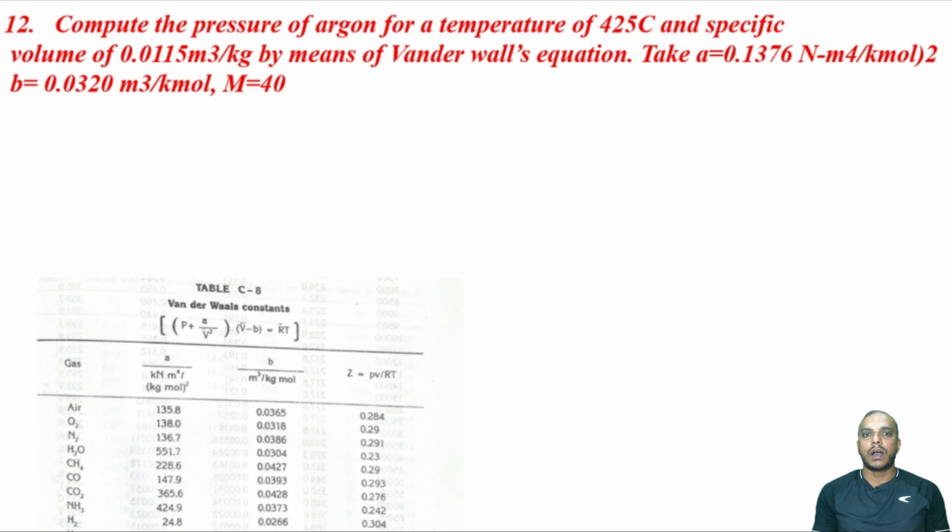Okay. Let us take one more problem. Compute the pressure of argon. The gas is argon, at a temperature of 425 degrees Celsius. We know that the temperature has to be in Kelvin, so we will have 698 Kelvin.